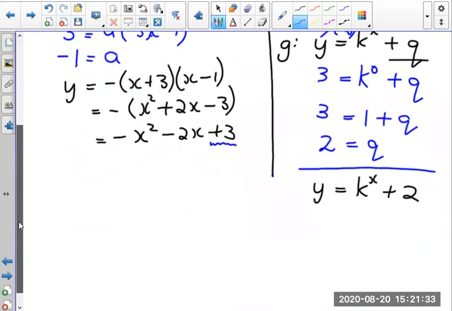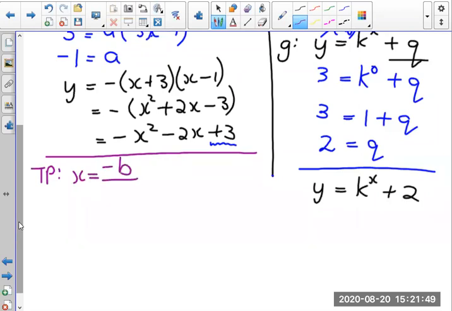So that means you must go back to the parabola and you must calculate the turning point. So for the turning point, you remember you use x equals negative b over 2a. Can you remember I said you must know this formula because it's not on any formula sheet, you must know it. So can you see that you need it now again?